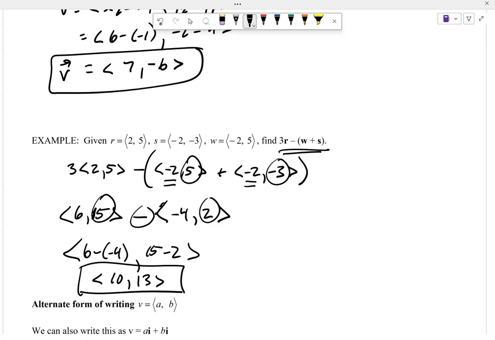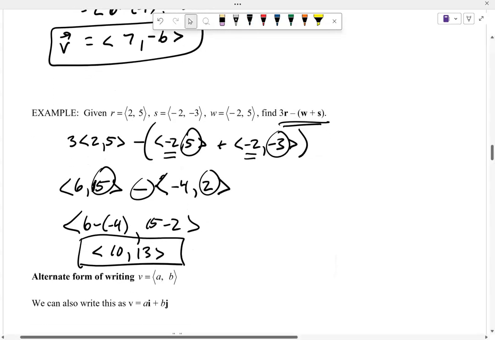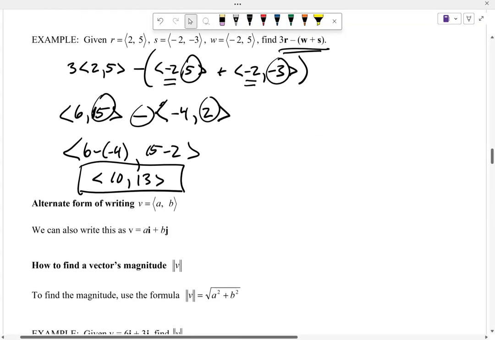Now there is another way to do this algebraically, and that's to put it in its alternative representation of a vector.